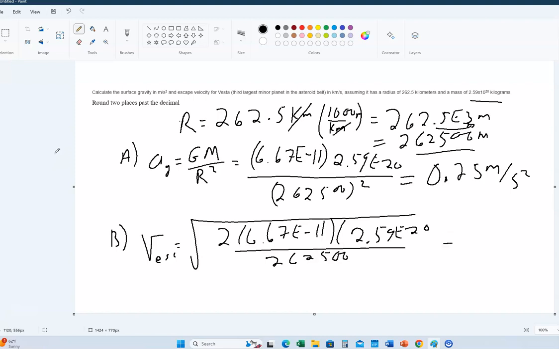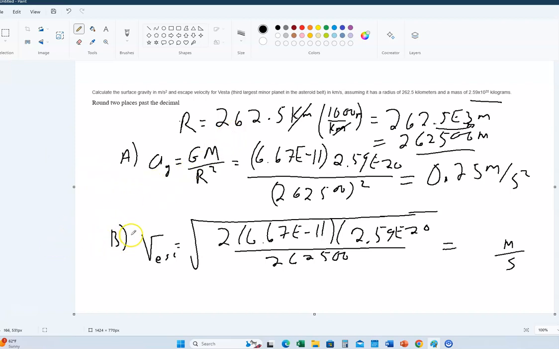And remember, we take the square root of the whole thing, and the answer will be in meters per second. Then we divide the answer by 1,000 because there's 1,000 meters in a kilometer.